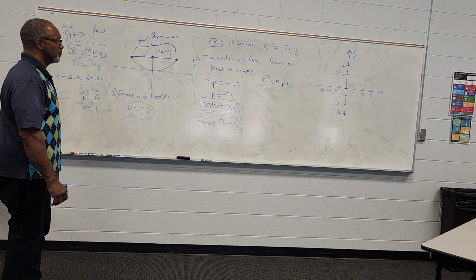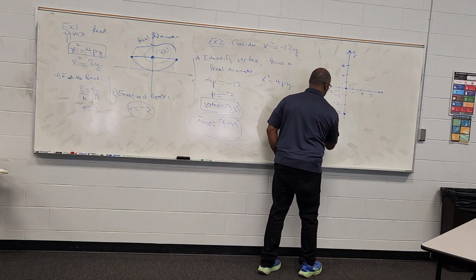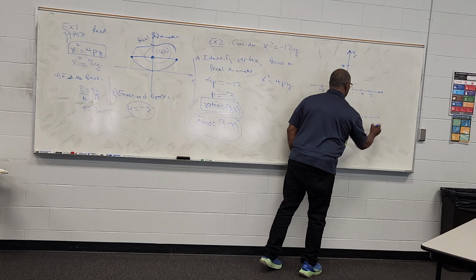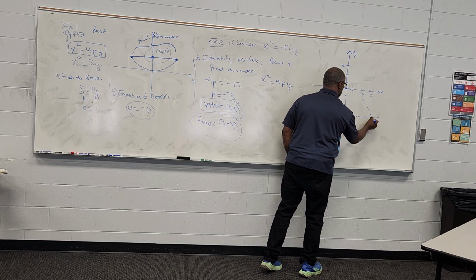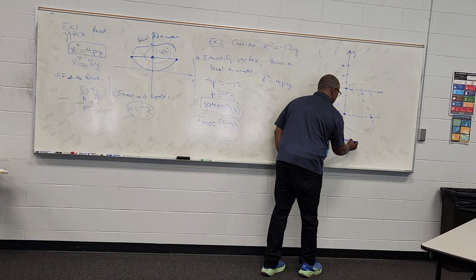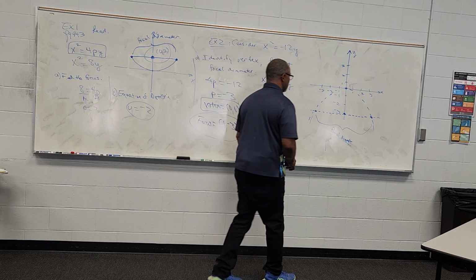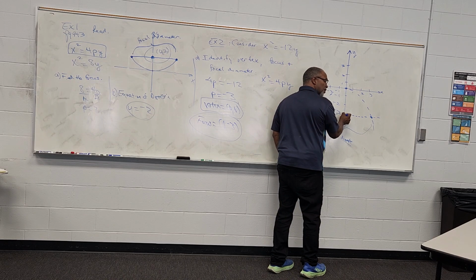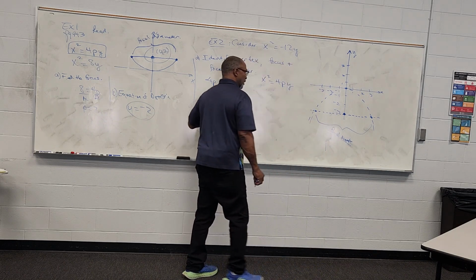And I want to know its focal diameter. Remember, I said that the focal diameter is found by drawing a line through the focus, trying to figure out where this parabola intersects it. This point and this point, and the distance from here to here will be my focal diameter. The focus is always at y equals p, and p is negative 3.